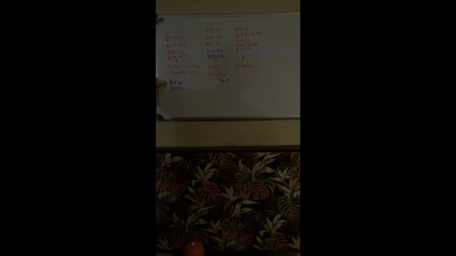So BIP30, I put these in purple because they're, let's call it exceptions. BIP30 is the 2 blocks that have been thrown out when they had to fix things for BIP34. And BIP42, what was BIP42? BIP42, this isn't really a malleability fix, but it is consensus critical.